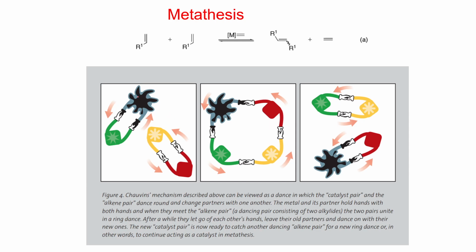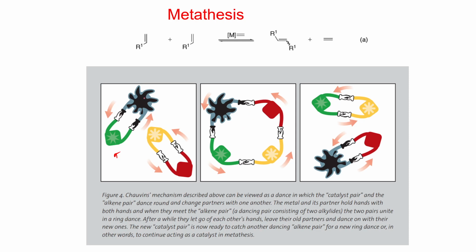This is a pair dance, we can say. So this is your catalyst, and this is one unit and this the other unit. In the intermediate you are generating a four-membered metal intermediate, with one metal and three carbon centers, followed by that exchange.